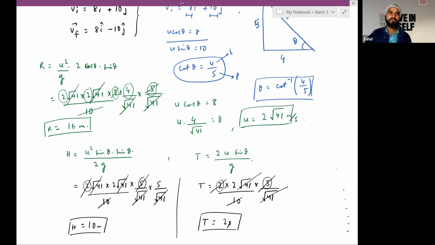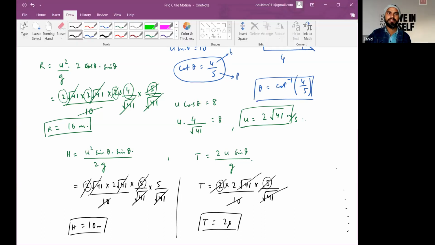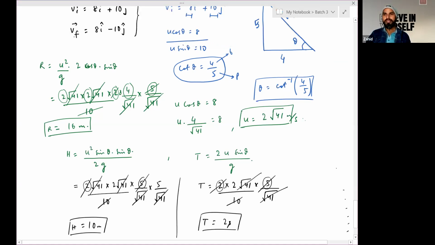Now I'm defining some more relations related to these, so that it will become easier to solve these types of problems.